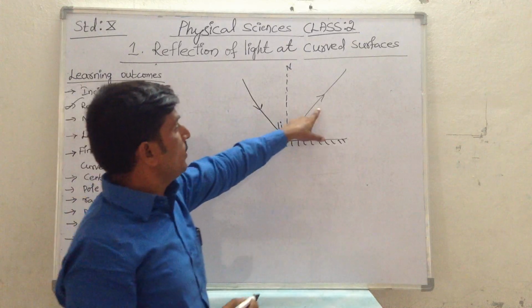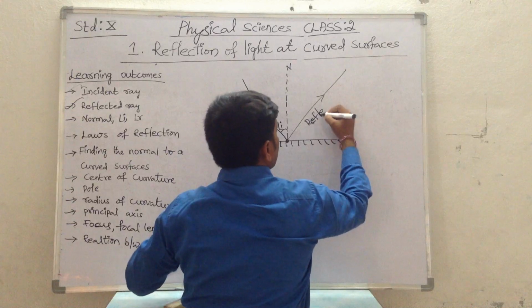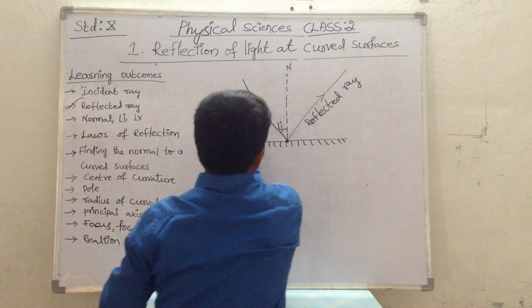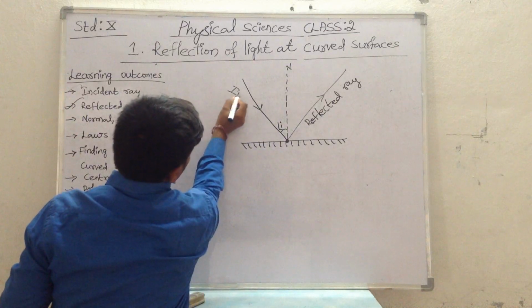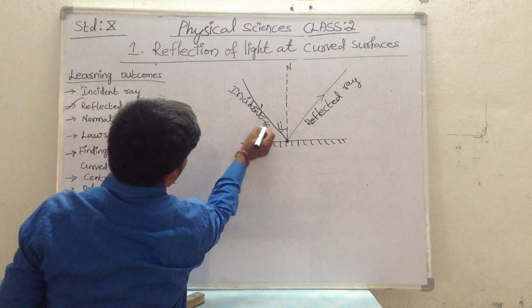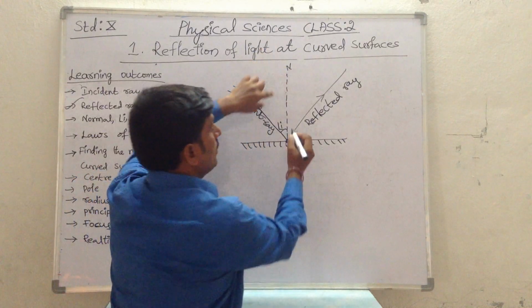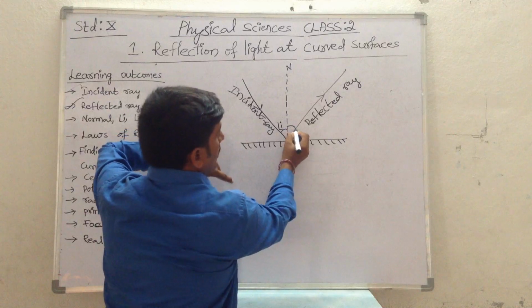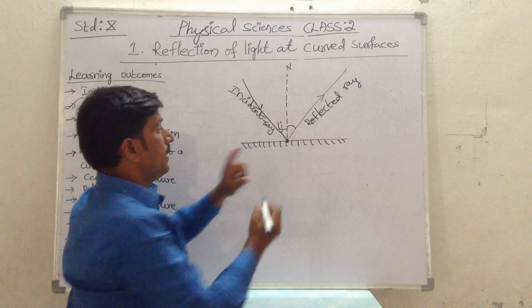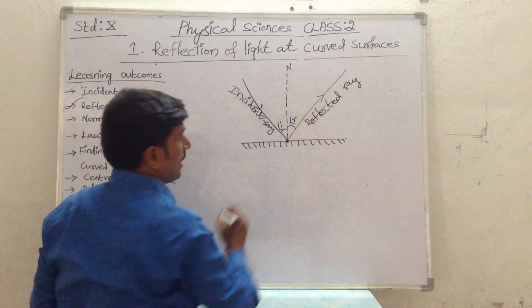The angle between the reflected ray and the normal is called the angle of reflection. The angle of reflection is denoted as angle R.